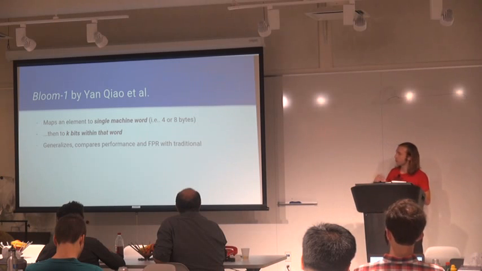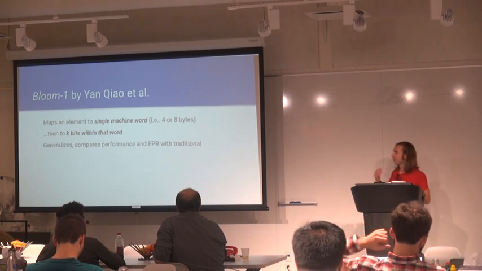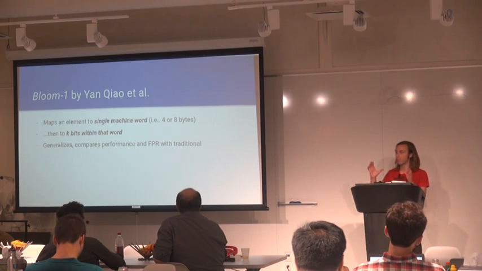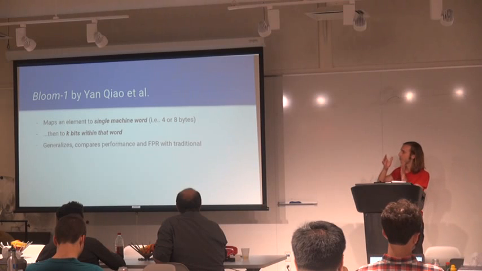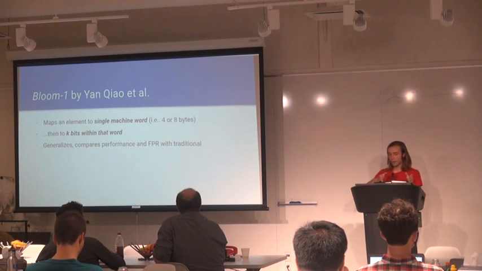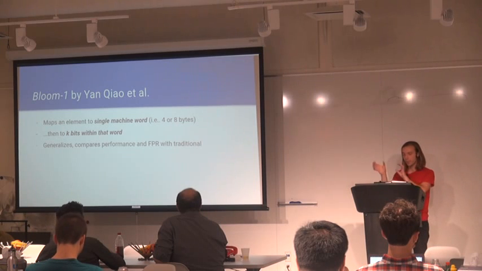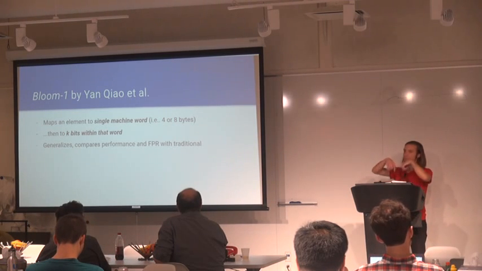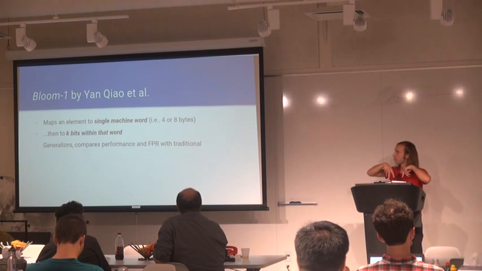In other words, if you have a 64-bit machine, a machine word is going to be 64 bits. So you map to a single word in your array, and then within that, you use the rest of your hash to come up with, say, 3 bits within that word that you'll set.